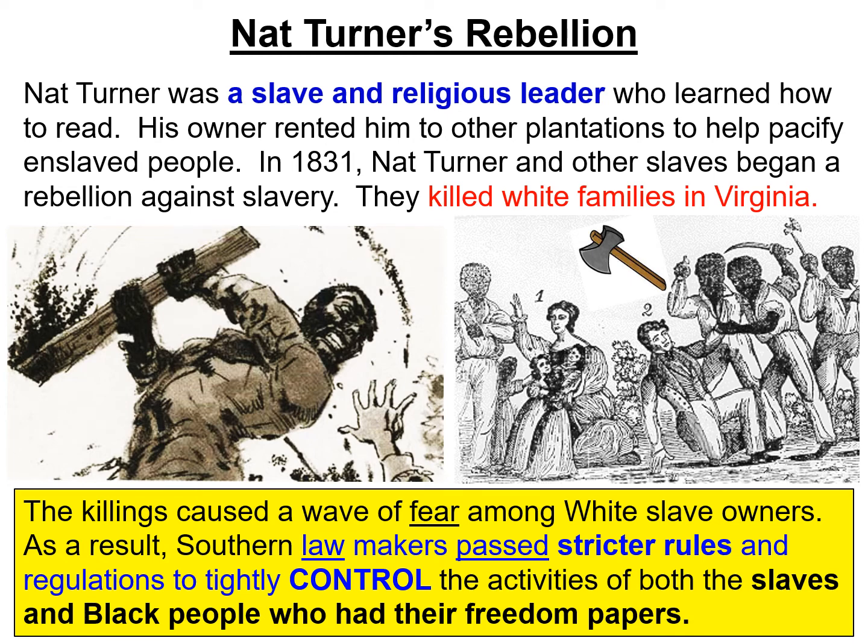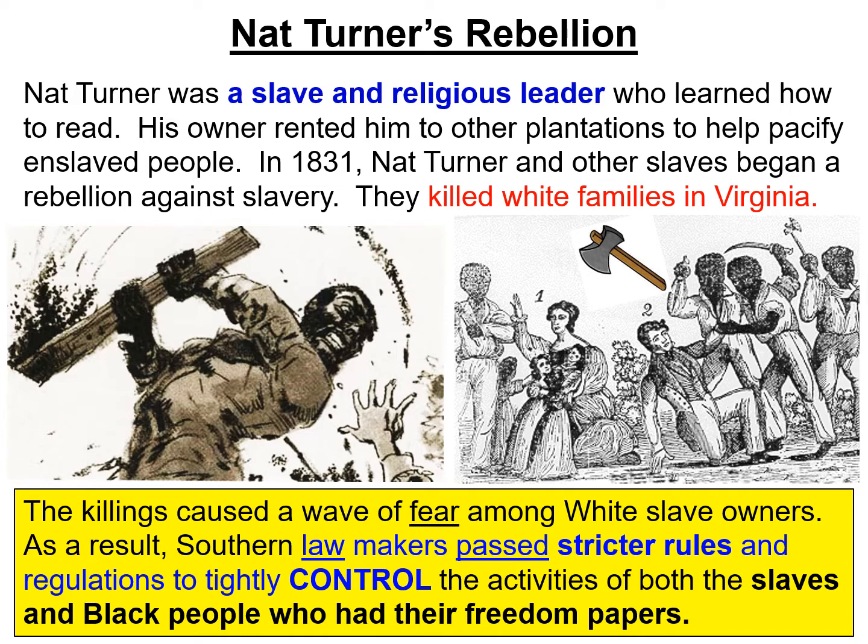So Nat Turner began to talk to other enslaved men, and a group of them gathered, and they escaped, and they went to other plantation owners and began to kill families, killed women, children, the husbands, wives, just killed a lot of people.